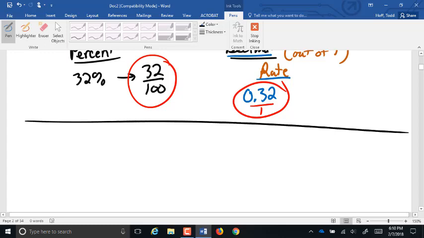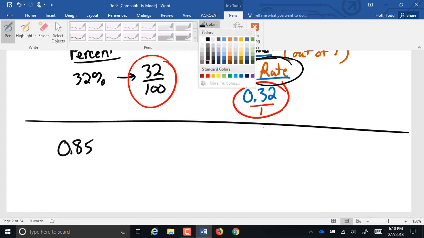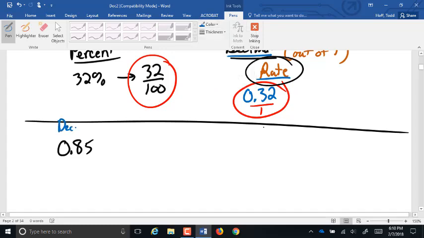Okay, so how about going the other direction? If I have a decimal, that rate, as we said, is the decimal form of a percent, and I want to convert it back into a percent. So I have 0.85 as a decimal. Convert that into a percent. We go through the process. A decimal is out of 1, and a percent is out of 100.